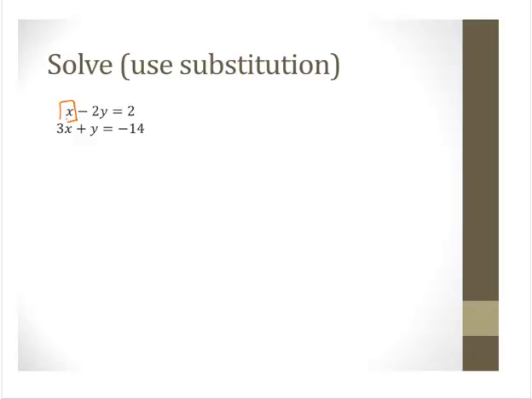So I'm going to isolate that variable. And to do that, all I need to do is add 2y to both sides of that equation. So that would yield then x is equal to 2y plus 2. So now I have one of the variables isolated. So now here comes the first substitution.